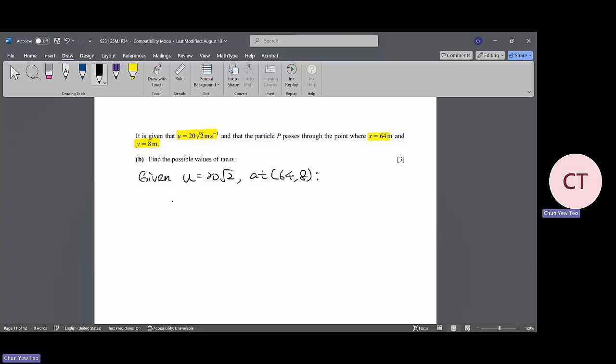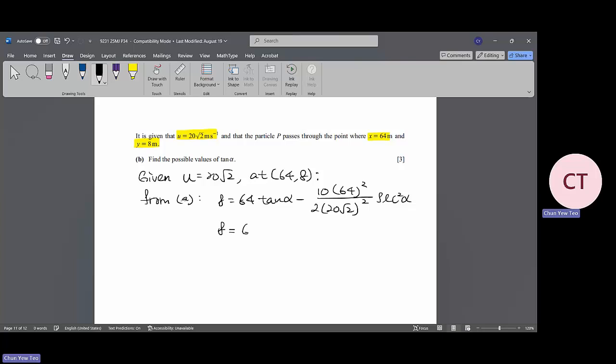From the equation in part a, we will have 8 equal to 64 tan alpha minus g x squared over 2u squared sec squared alpha. Okay, so we just need to simplify them carefully.